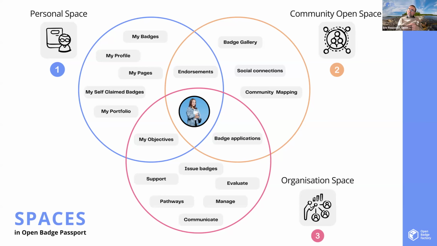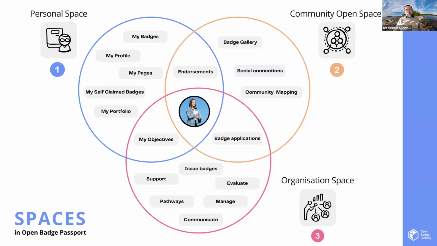So the first approach was to create a filter area so that the community could see what their community is doing with the badges. But I will explain that very quickly we had some customers who wanted to go a bit further and use the space not only as a place where you can see what the community has been doing, but also a place where you could set up objectives and scaffold some learning activities.